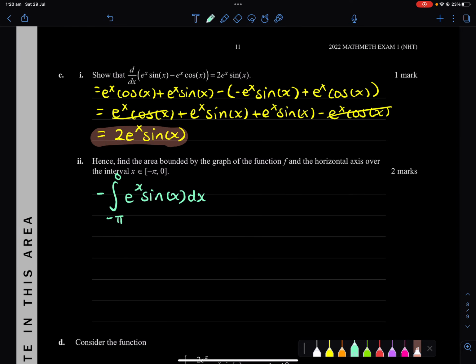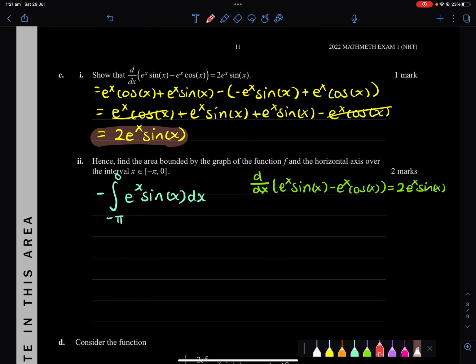So if we rearrange this over here, for example, if we integrate both sides, let me just write that here. So first, you know how d/dx of e^x sin x minus e^x cos x is 2e^x sin x.